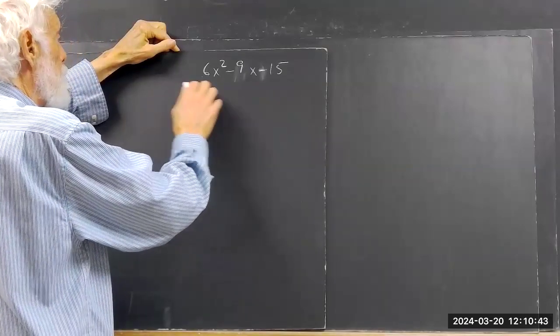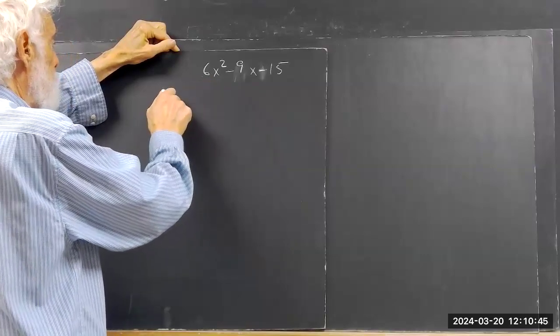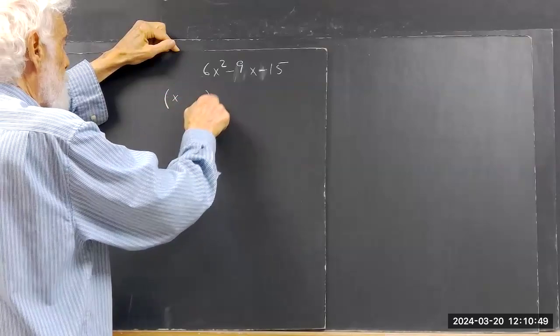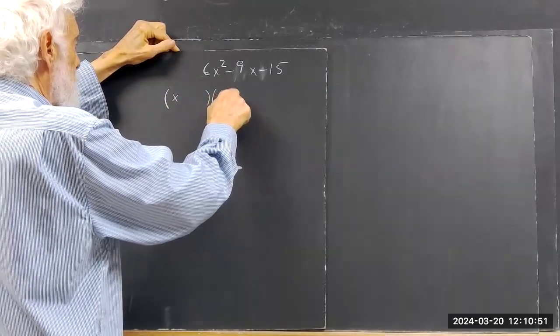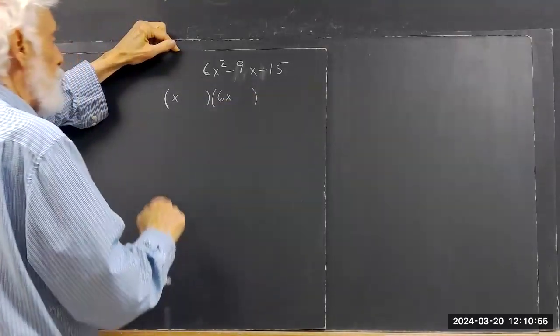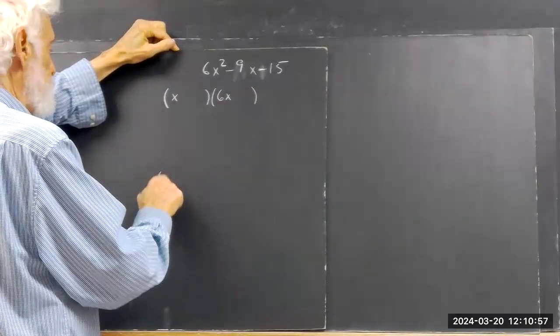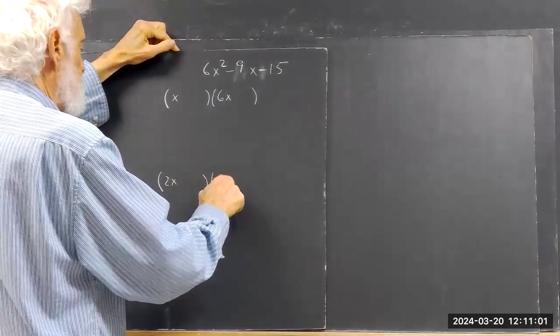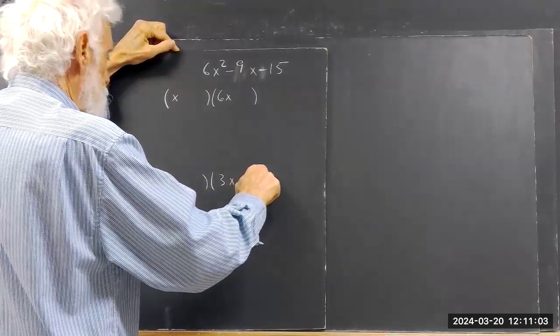So there are two ways we can get a 6x squared. We can get it with x and a 6x, or we can get it with a 2x and a 3x.